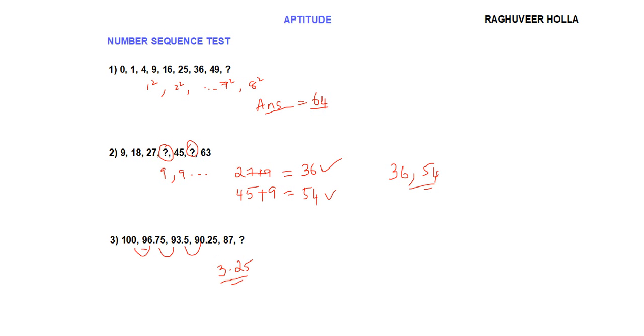So that leads to 3.5. So we have to deduct 3.25 from 87. So that leads to the answer which is 83.75. So that is the answer for your third question.